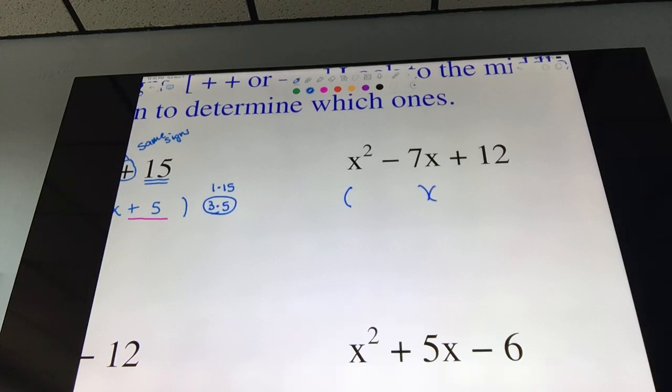All right, my next question. X squared, again, always going to be x times x today. Positive last term means the same sign again, and we know which ones to use by looking to the middle. So these are going to be minus and minus.